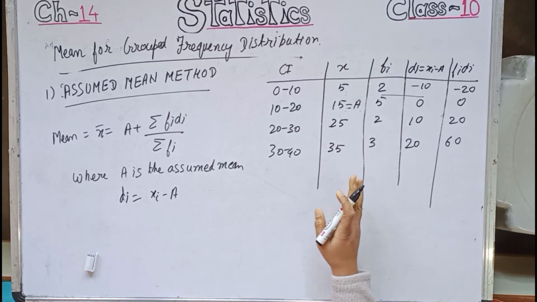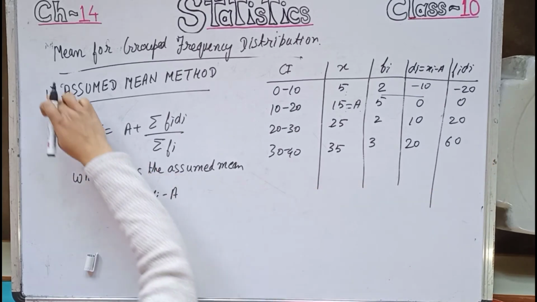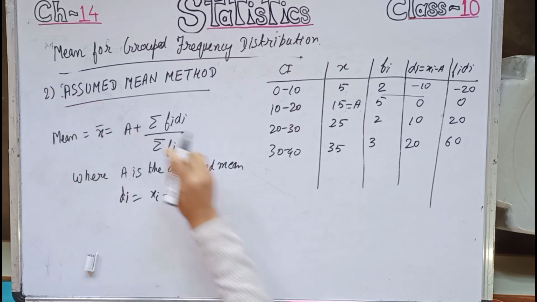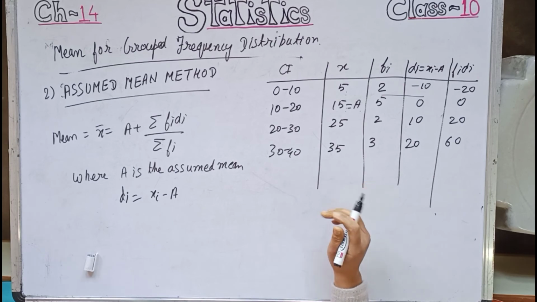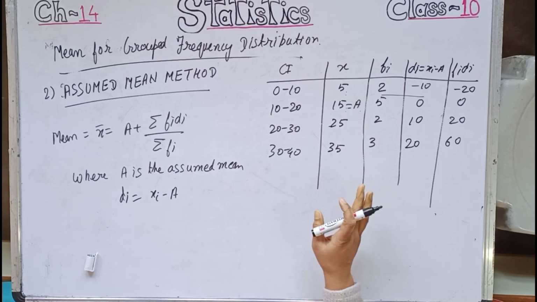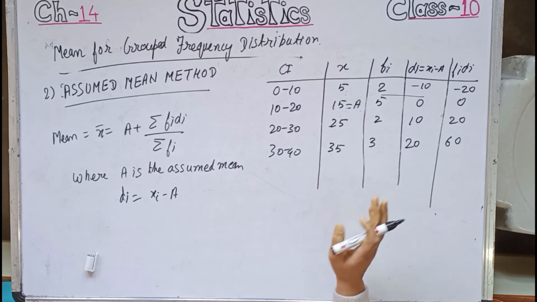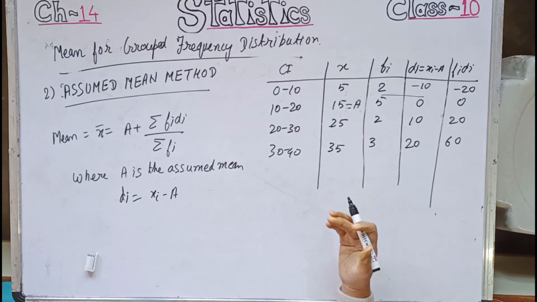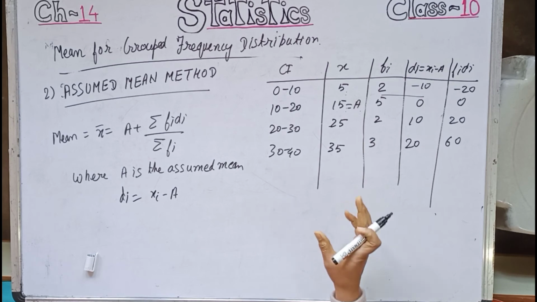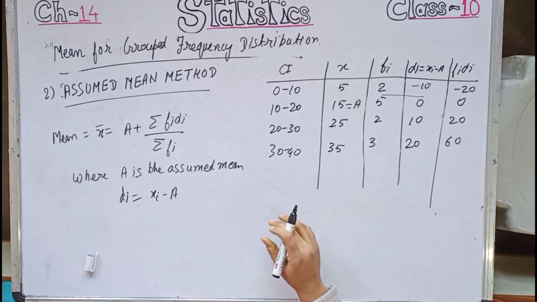Now a question arises, children, if the direct method is there, then why assumed mean and then step deviation method of finding the mean? Children, the assumed mean method and the step deviation method have been given for calculation of the mean for a given frequency distribution, so that calculation will be lesser.